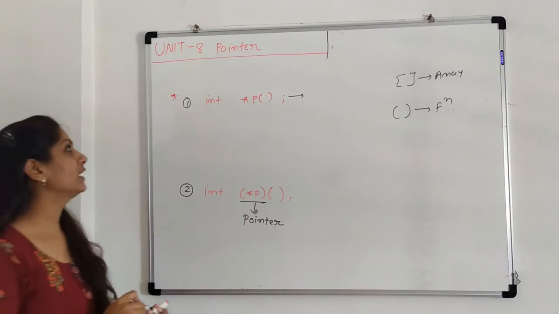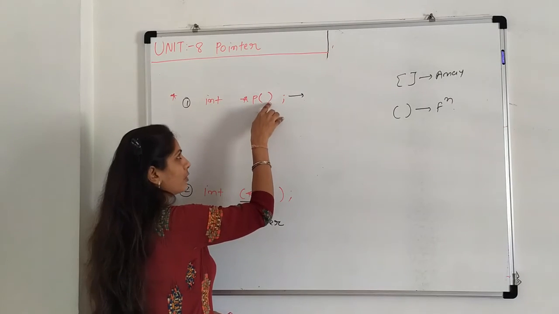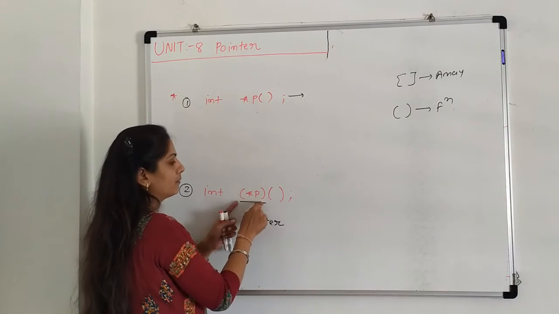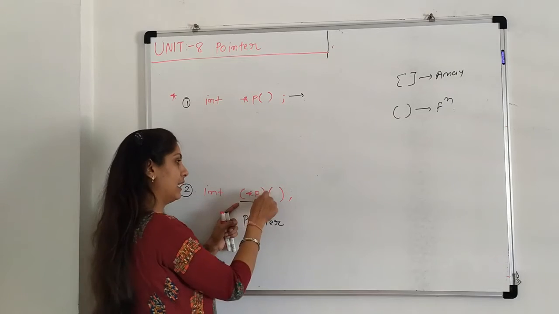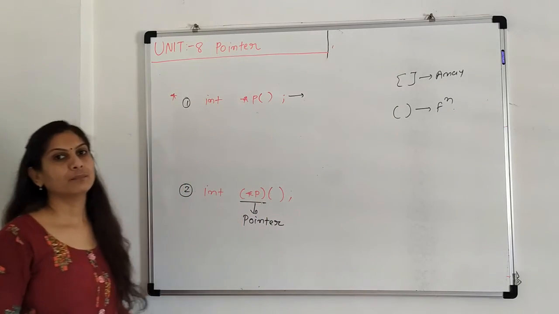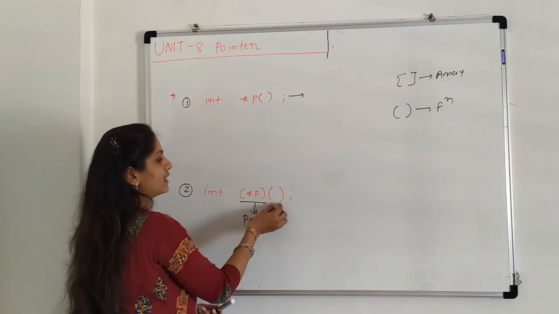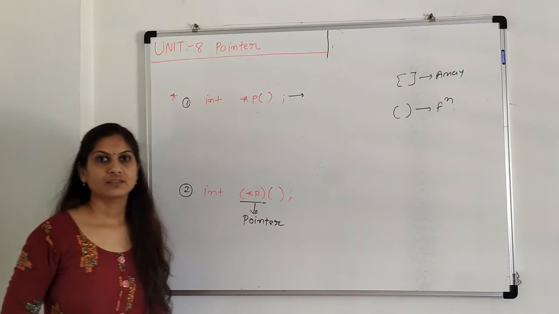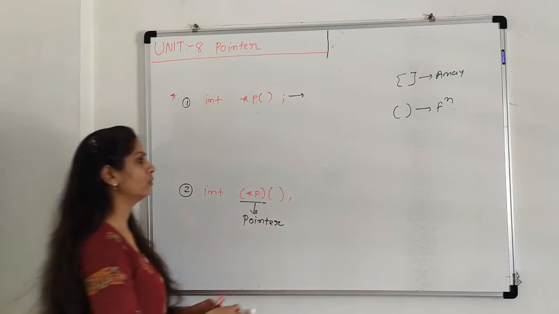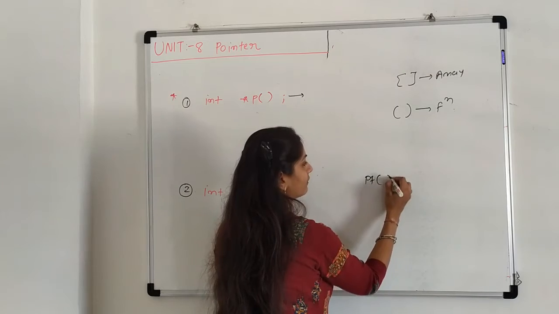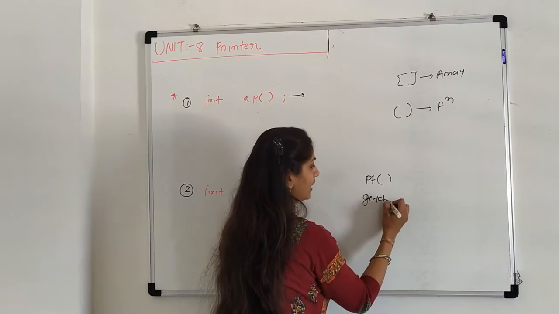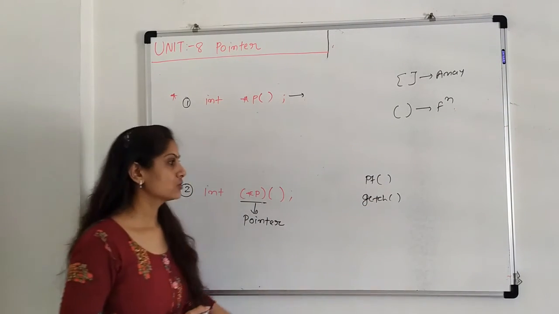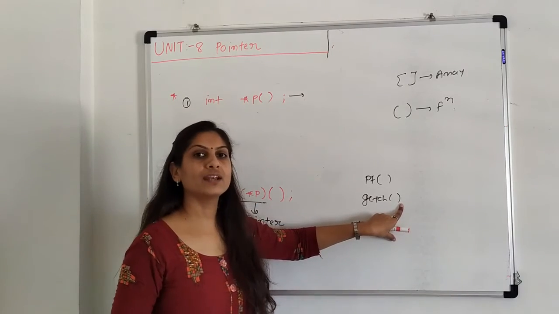Clear? So here after p, a round bracket is there. Here p is in a bracket, and after p again a bracket. This bracket indicates what? Function. How? Suppose I am writing printf, then bracket, getch, then bracket. Clear? So this is what indicates a function.